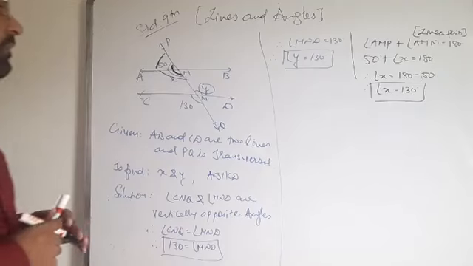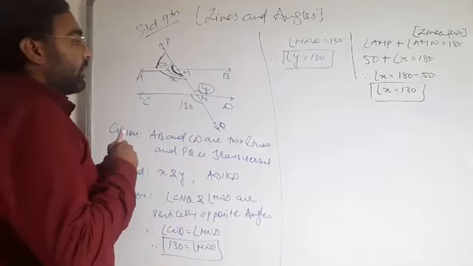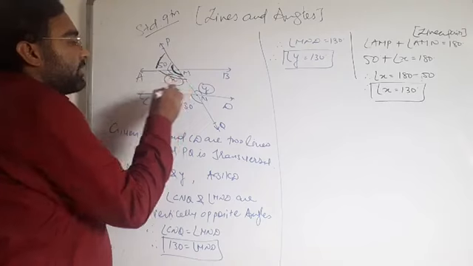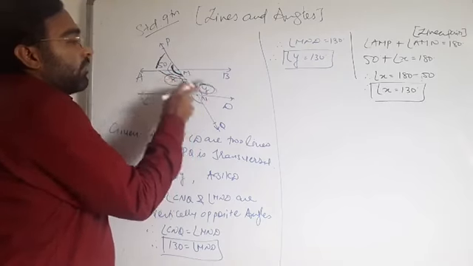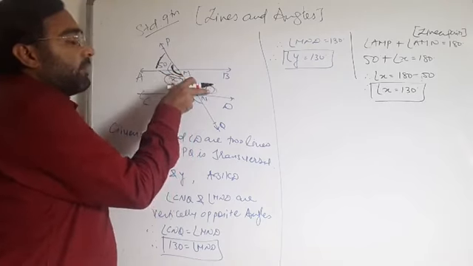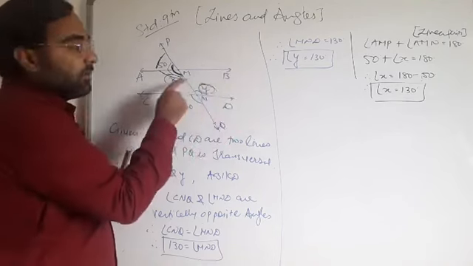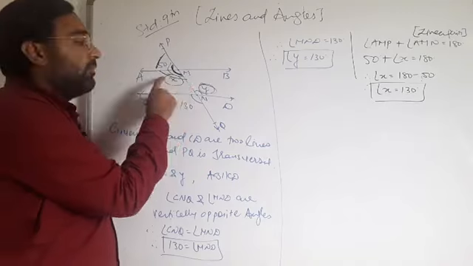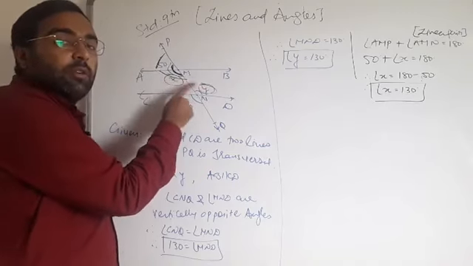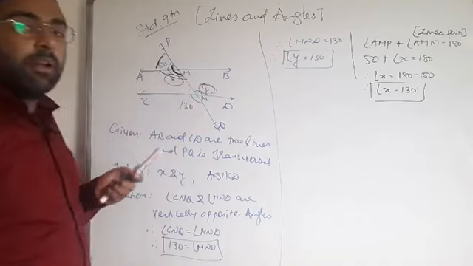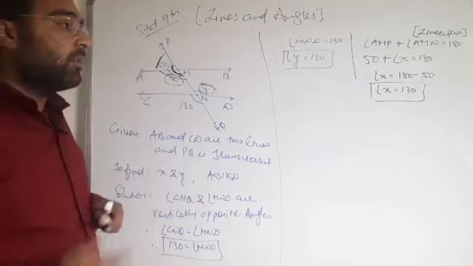Okay, so for that we can see that here is x and here is y. Both of them are equal and they form a pair of alternate angles. They are both in the interior part and make a cross section. So both of them are a pair of alternate angles.